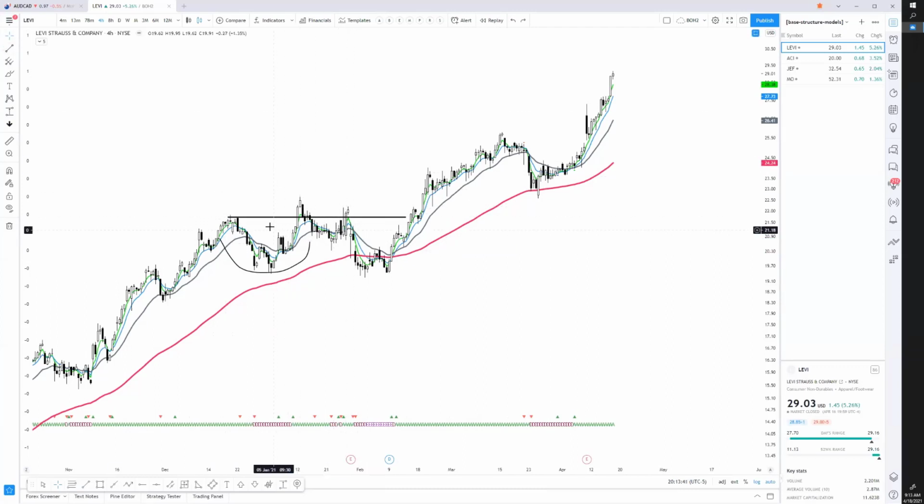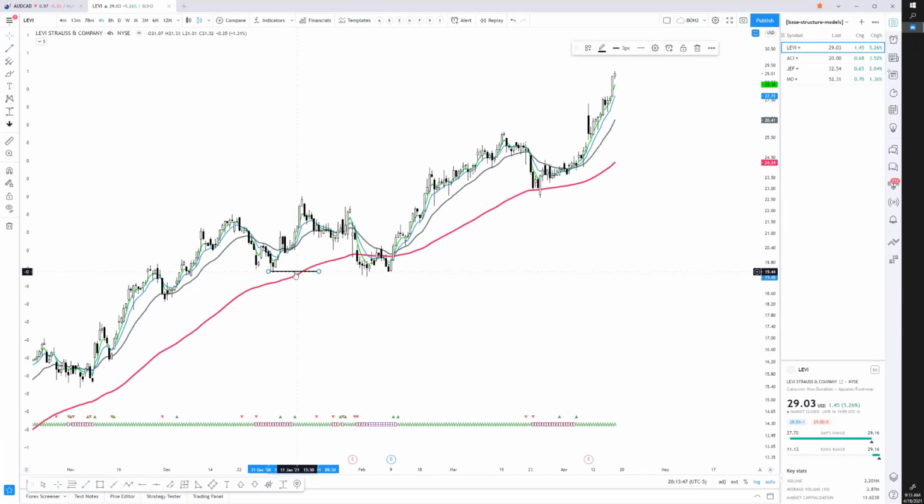And then the breakdown after that formation undercut the previous cup handle, or at least approximated it. And then it reversed and moved higher again. So that's the structure that happened to it. So there are two structures here.